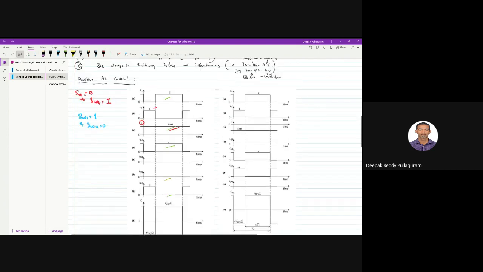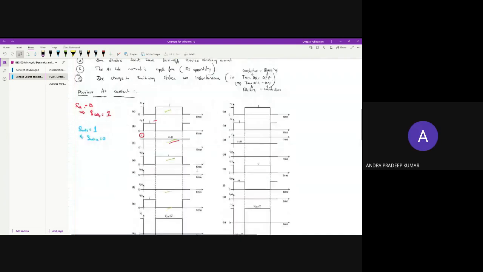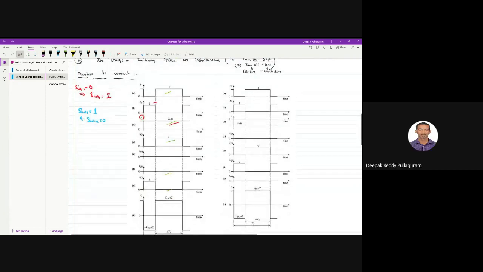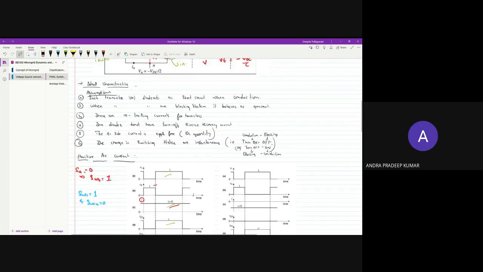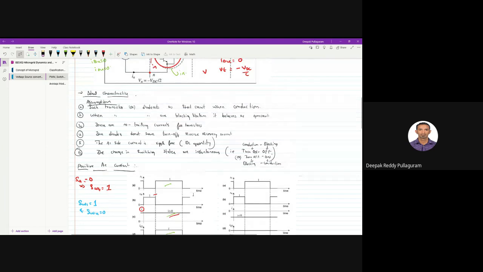Okay. See, inductor does not oppose sudden change in currents. Yeah, that is one reason. But anyway, we are not talking about inductance. Including that, we have assumed that current is smoother. The assumption is that current is ripple free and smooth.